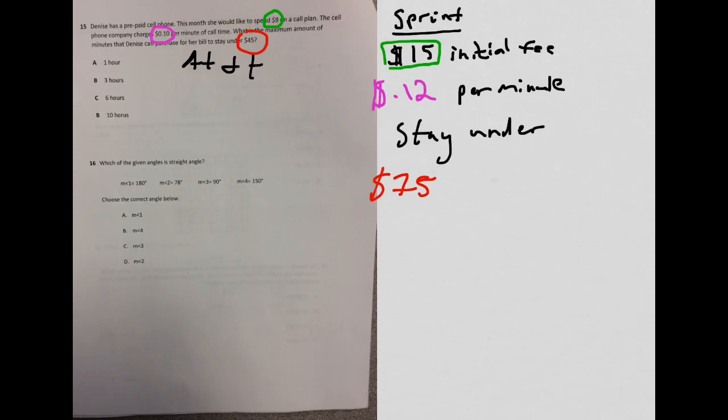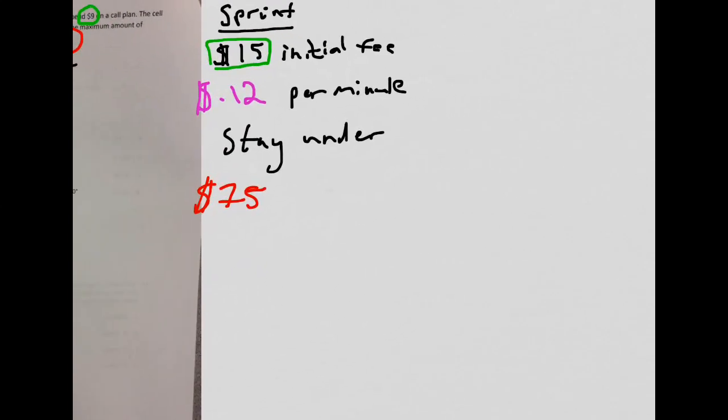We don't want to spend anything more than $75. So I know I start with this, it's this per minute, and for this week I want to stay under this. So the equation from this is going to be 15 plus 0.12 m is equal to 75.